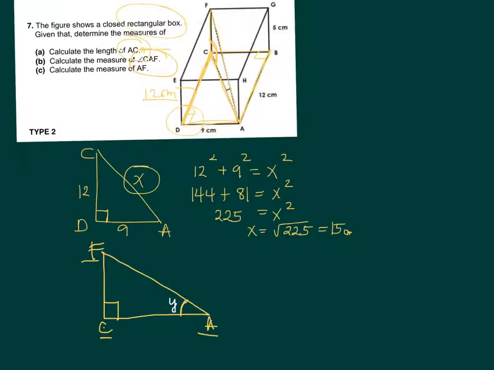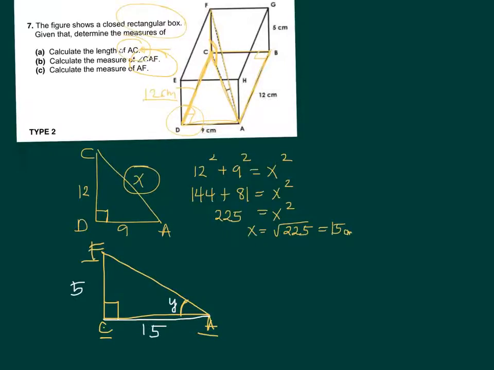Then try to determine the known sides of this triangle. This is 5 because the heights of the rectangular box are all the same. So this is 5. And AC, or CA, was solved in part A of the problem, and that is 15.